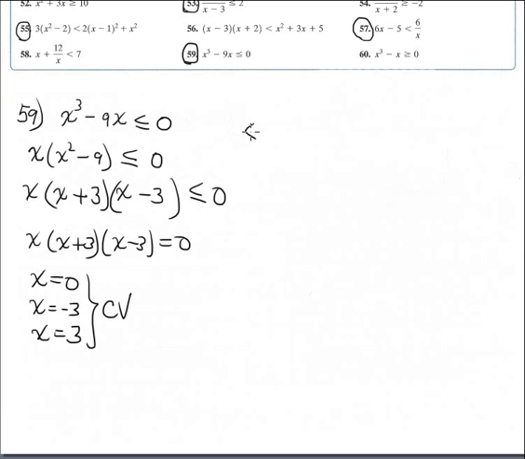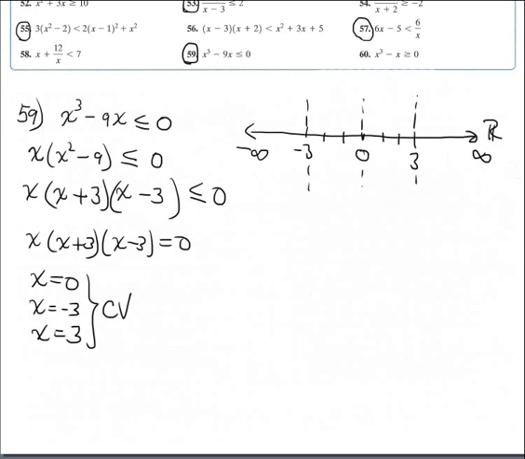Let's do the partition for these critical values. Real numbers, infinity, negative infinity. This is 0. Positive 3 and negative 3. 1, 2, 3 here. Negative 1, negative 2, negative 3 here.